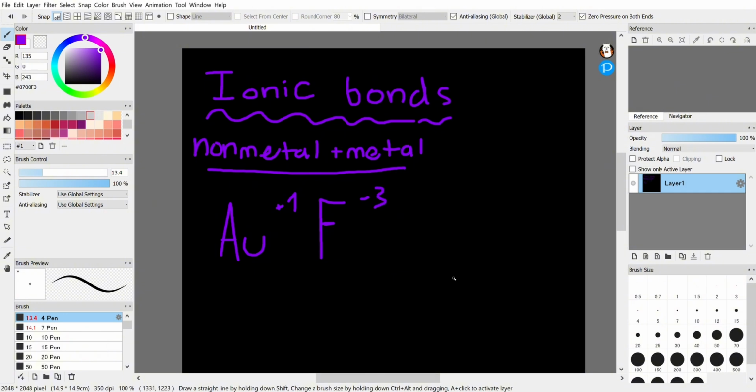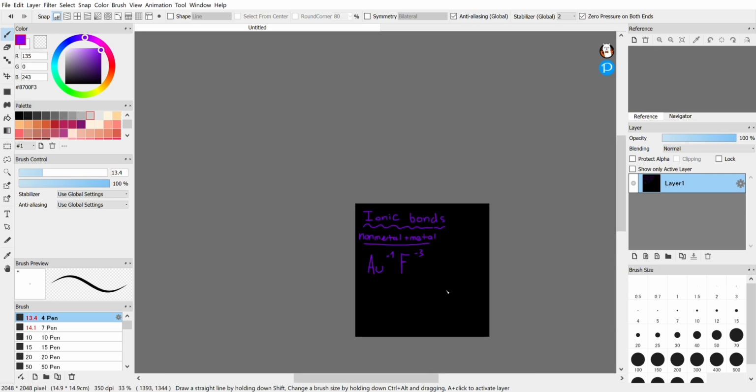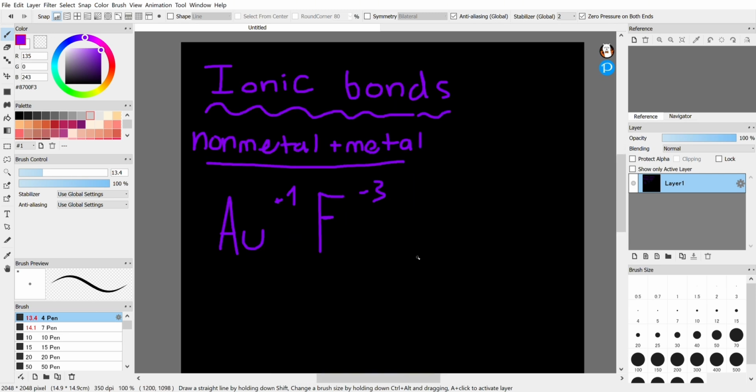So now that we have these two, we have to bond them. Let me explain this. Gold has a charge of +1, and fluorine has a charge of -3.